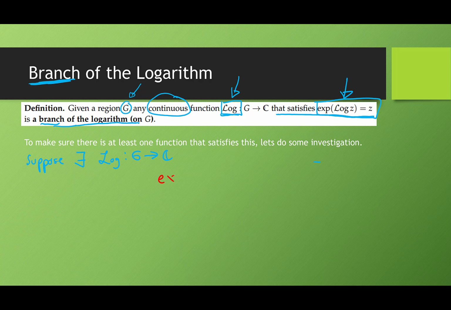Okay, so in any case, log here is a complex function, so we can always write it as its real part, which we'll call u of z, plus i v of z. Hopefully everyone's okay with that. We have a complex function, log, which again we don't know what it is, but any complex function can be written in terms of its real part and its imaginary part.